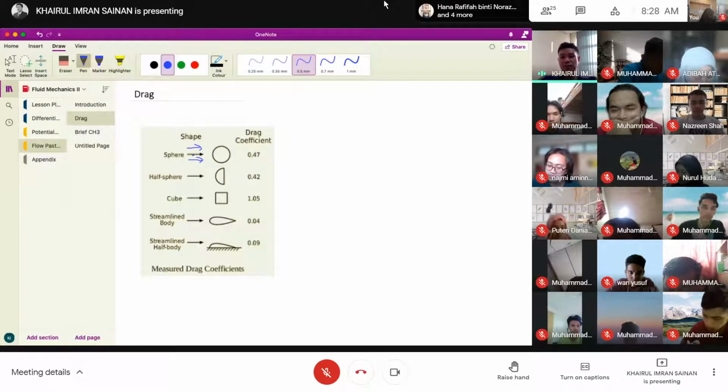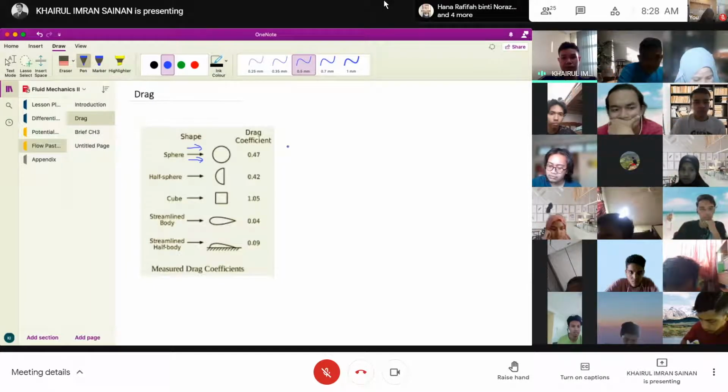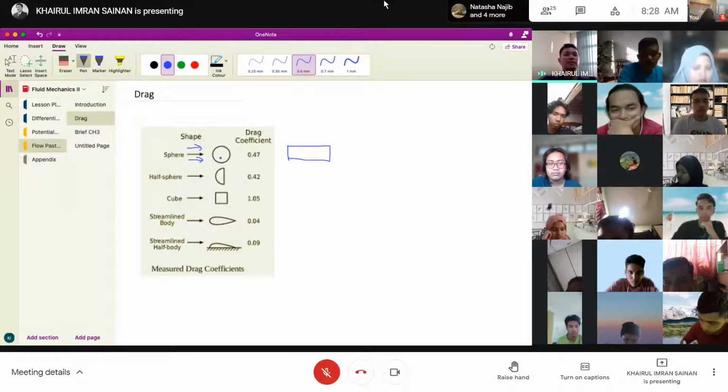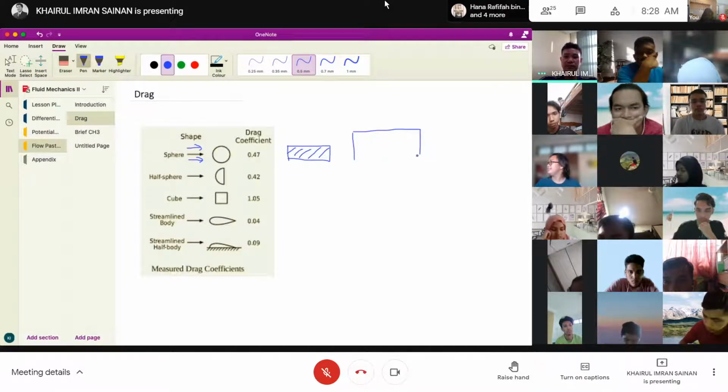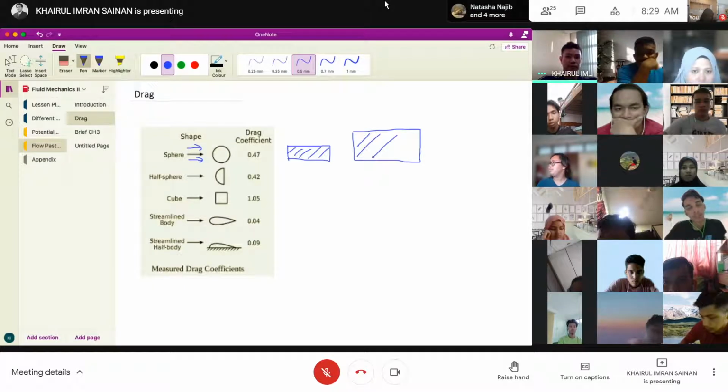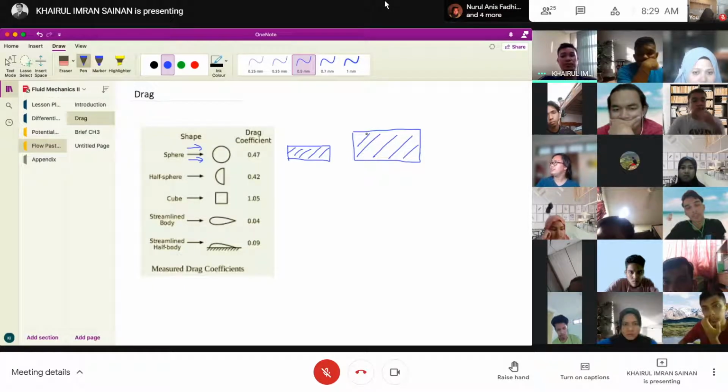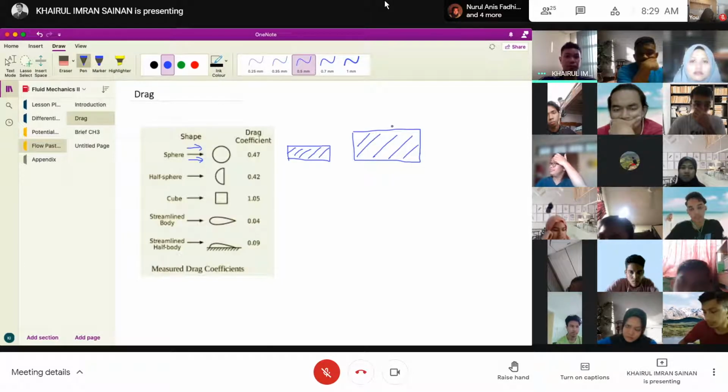What the fluid sees of the body, let's assume this one is a cylinder, from the front looks something like this. Imagine if it is larger, the drag should be higher. So this is pressure drag due to the shape.